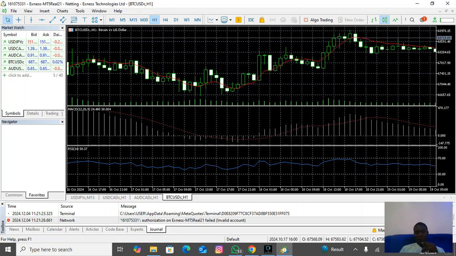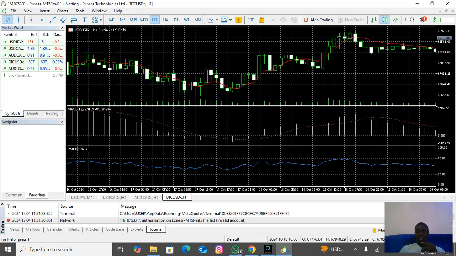There's supposed to be a 50.00 level, which if price is above the 50 level means we are having a bullish momentum, right? And if price is below means we are having a bearish momentum.